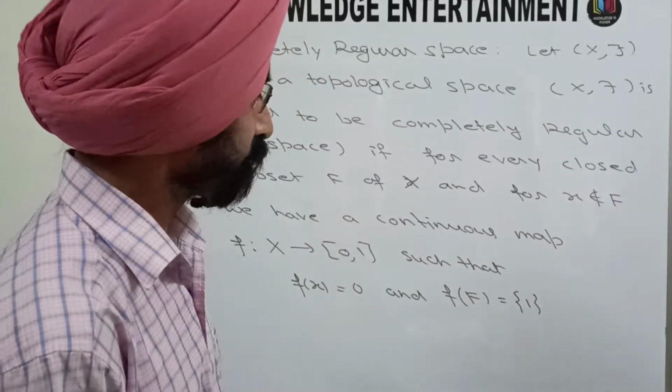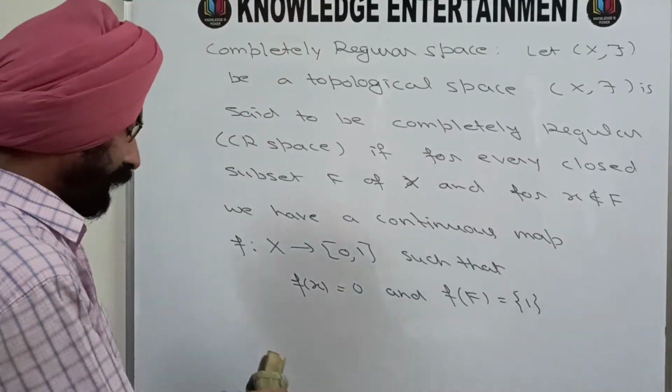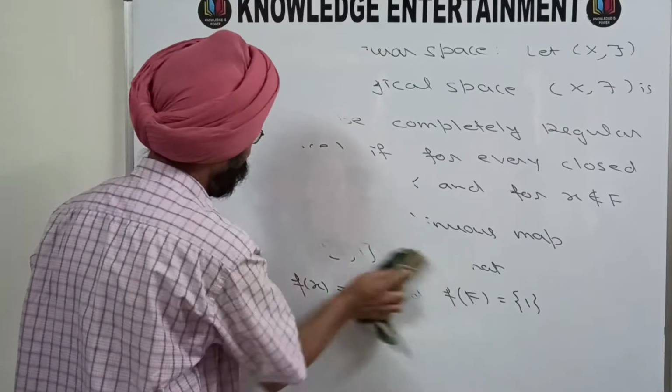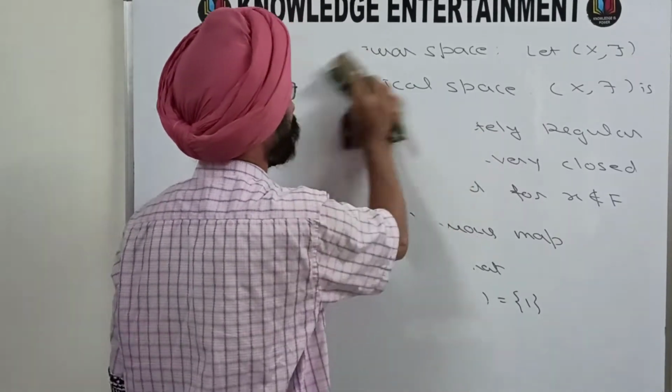This is the definition. So diagrammatically, let us see what a completely regular space is.